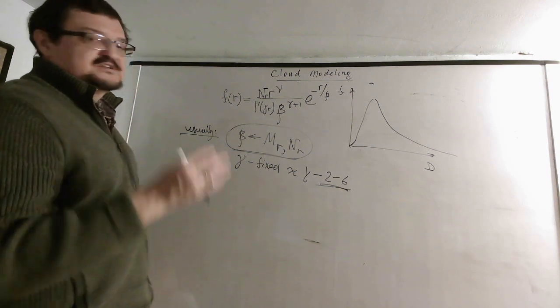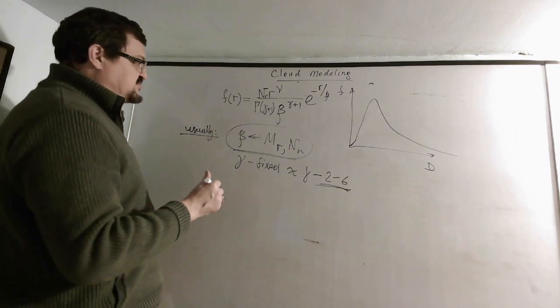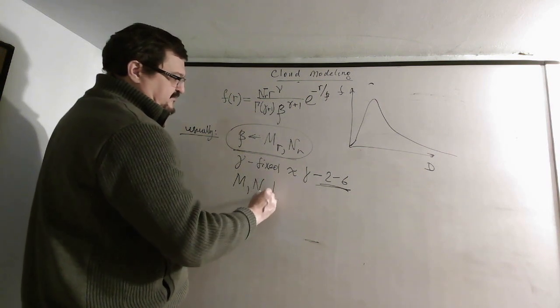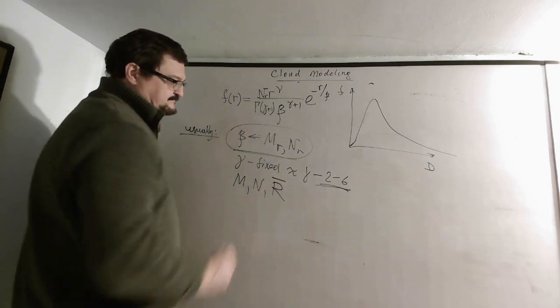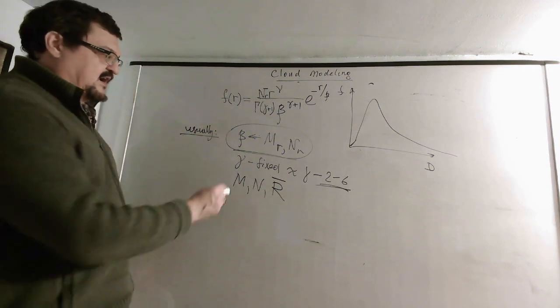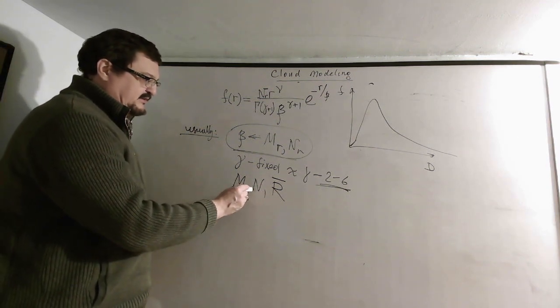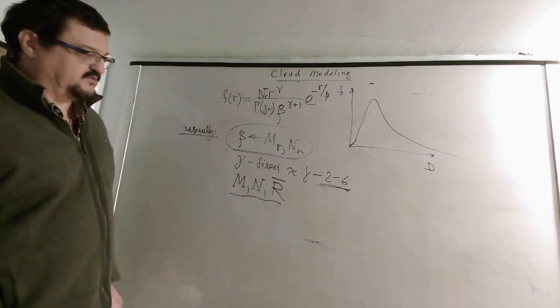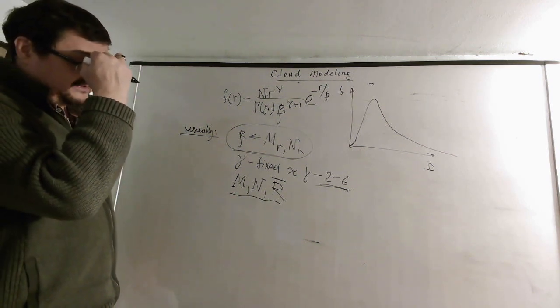In that case, you need 3 moments of the distribution. You need mass, you need concentration, and also, for example, mean radius, if you can separately prognose it. I developed models like that when I was a student for my PhD dissertation that actually predicted 3 moments of this distribution using gamma distributions.